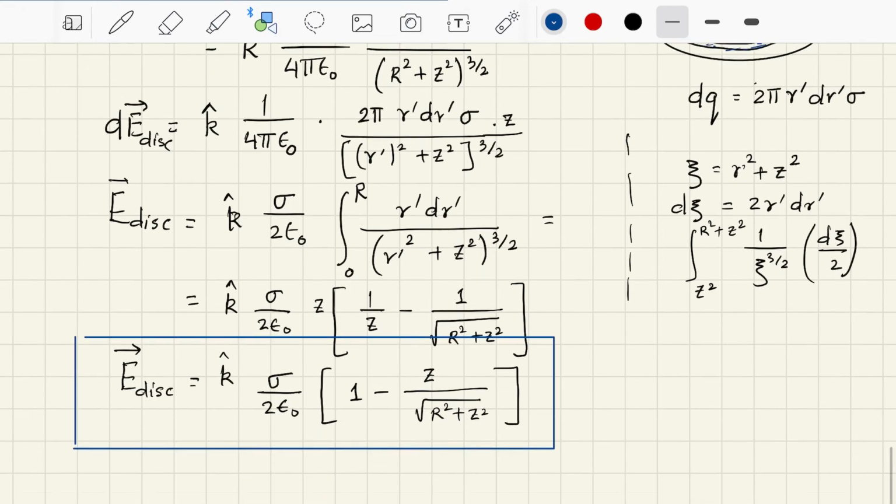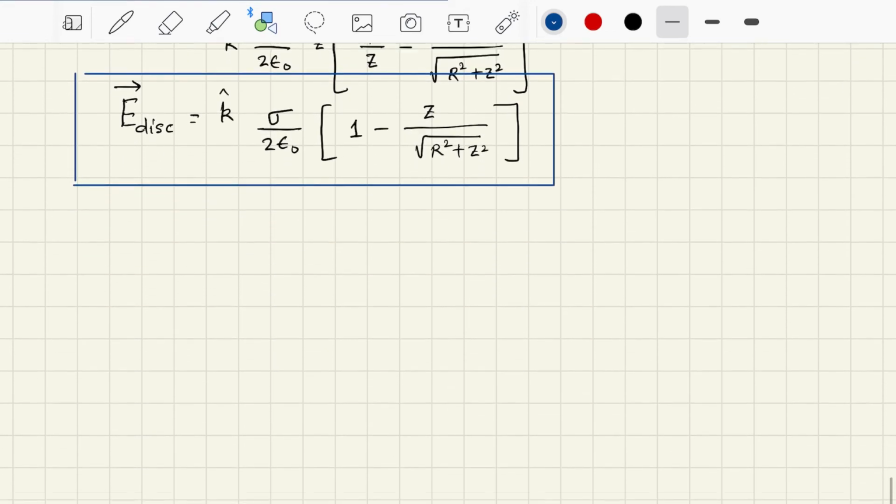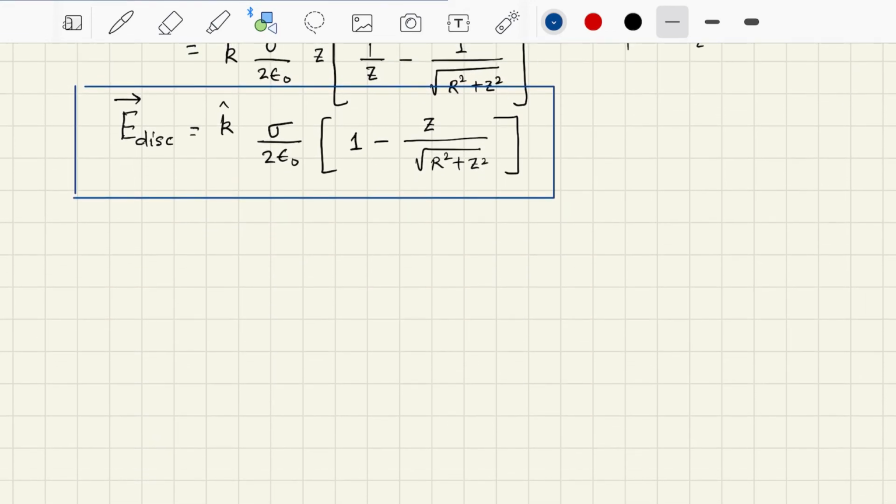Let's understand its limits. That is, if r tends to infinity, then the disk becomes a large infinite plane. Then E is equal to sigma by 2 epsilon naught k.